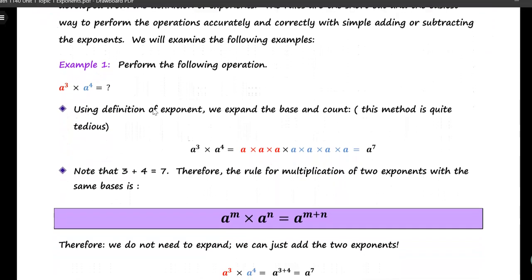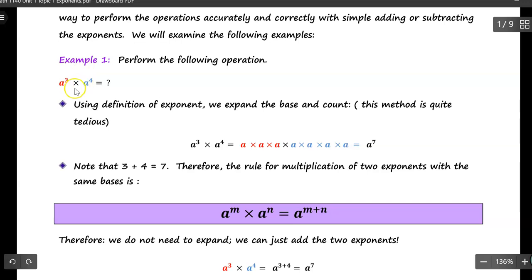So a to the exponent 3 means I multiply a by itself 3 times. I labeled it in red: a times a times a, representing a to the exponent 3.